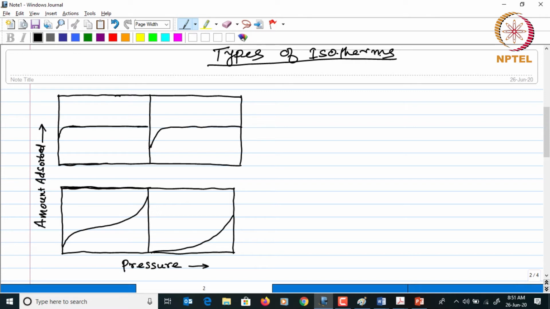There are basically 6 types of isotherms depending on the interactions. This one is type 1, which is basically the Langmuir isotherm.